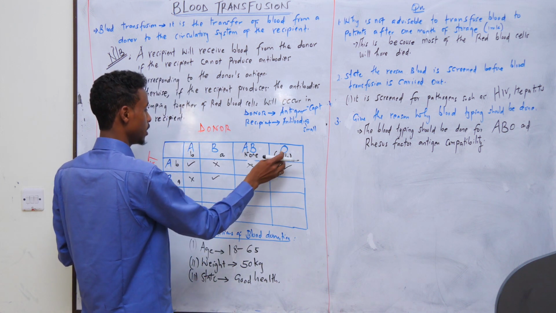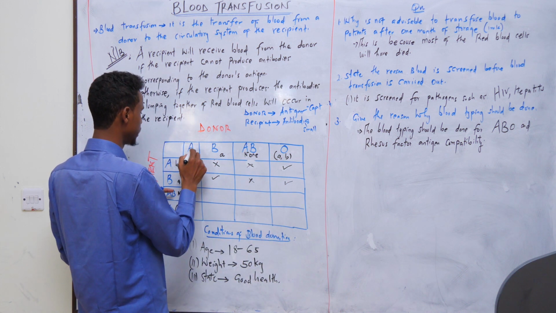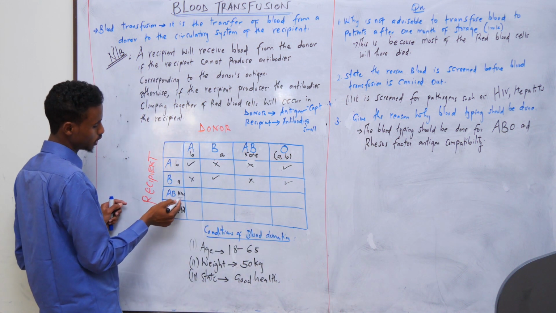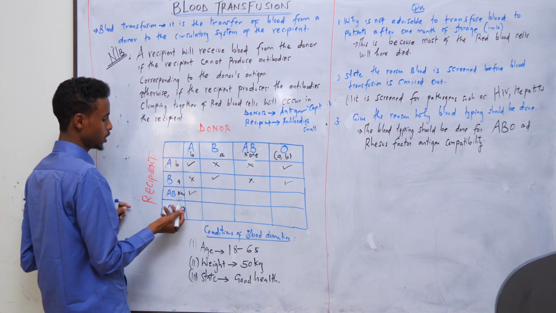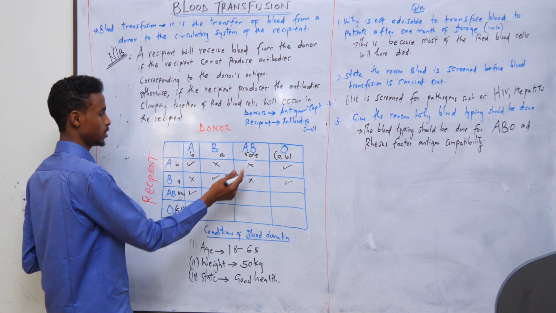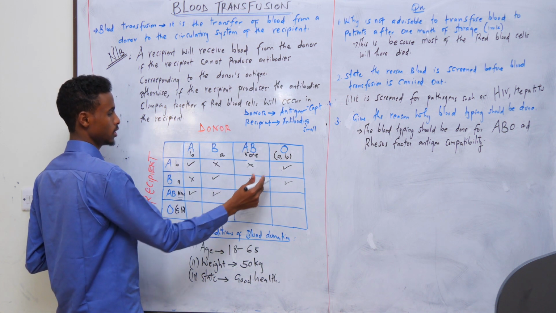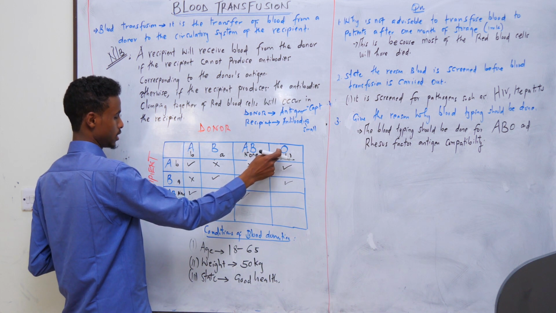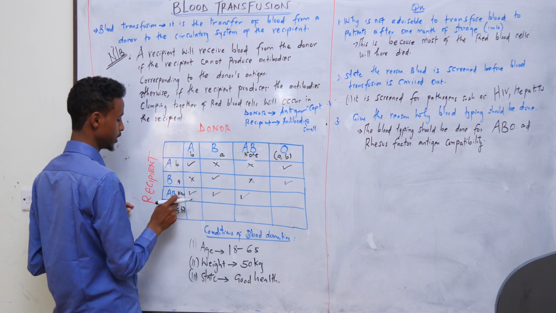Let's come to this one. Tick. Now, let's come again here. Antigen A, there's no antibody, tick. Antigen B, no antibody. Antigen A and B, no antibody. This one does not have any antigen, this one does not have any antibody.